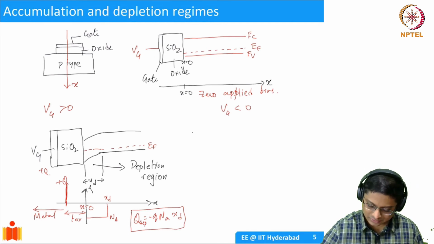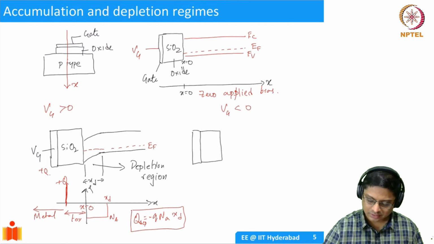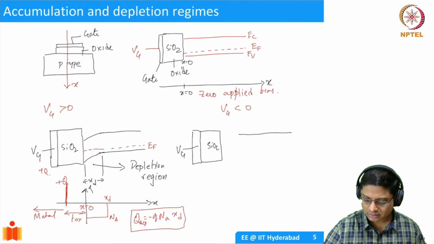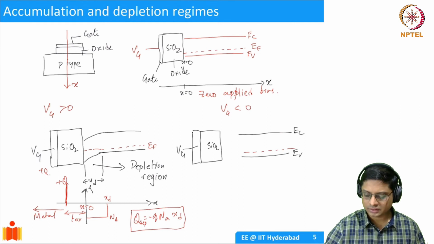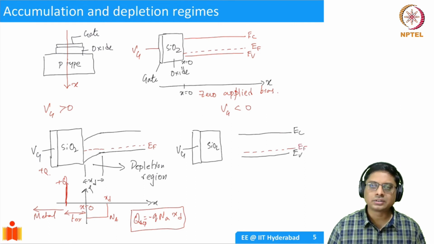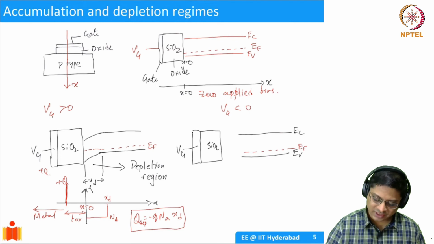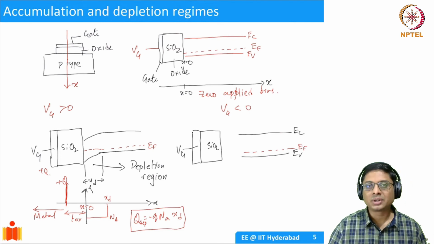I will just draw oxide, SiO2 and gate VG, and then the Fermi level EF, EV and EC. Now, since we applied a negative voltage, VG is less than 0, it should have more holes at the interface, right? Accumulation.